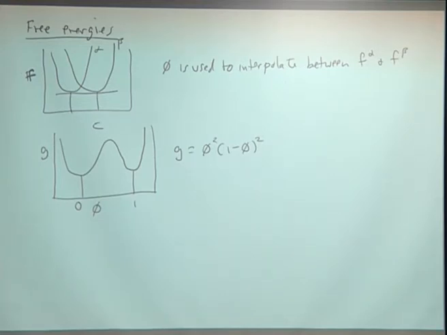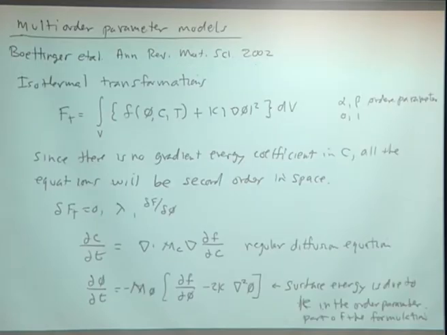And the reason for that is basically because it makes it easier to make headway when you're talking about the free energies of the system, the interfacial free energies in the system that come from this.